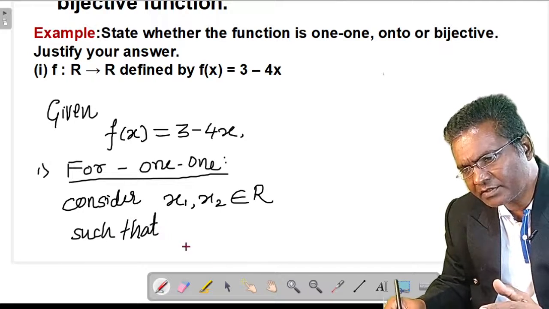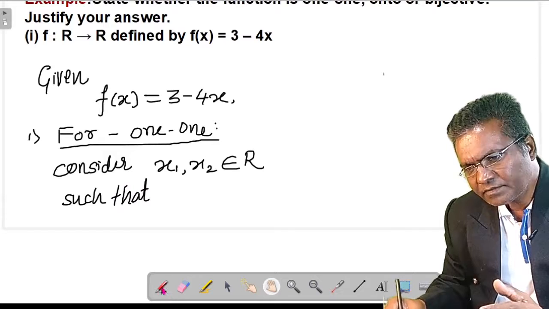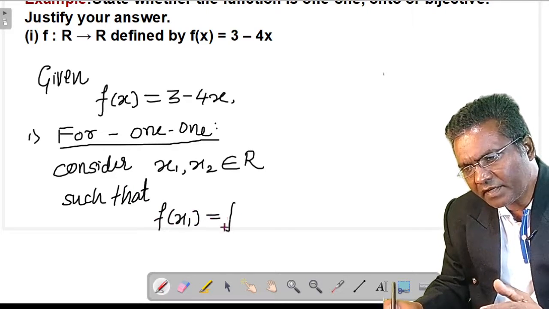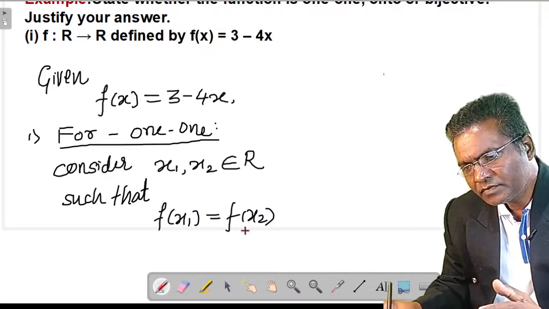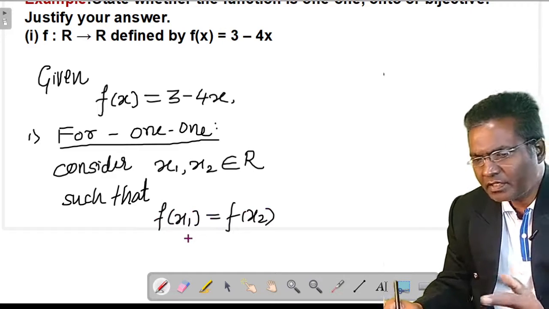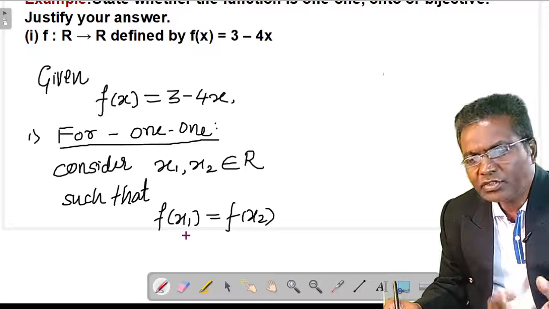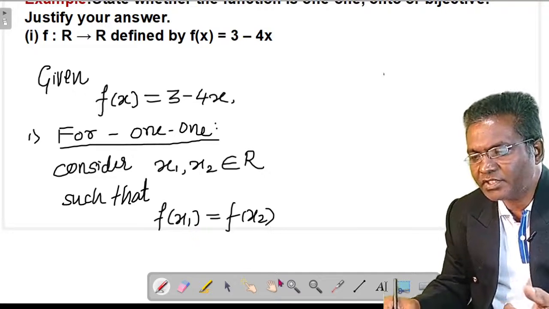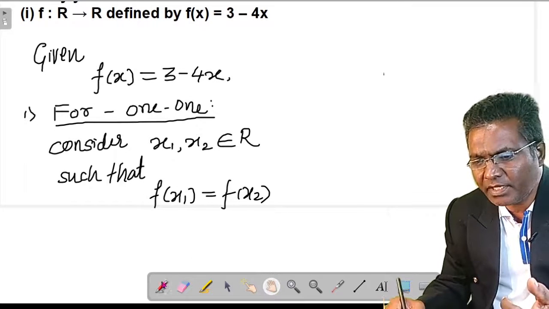Consider two elements x1, x2 belongs to R such that f of x1 equals f of x2. And you need to show that x1 is equal to x2. If that is implied, then the function is said to be one-one, as I told in the beginning.